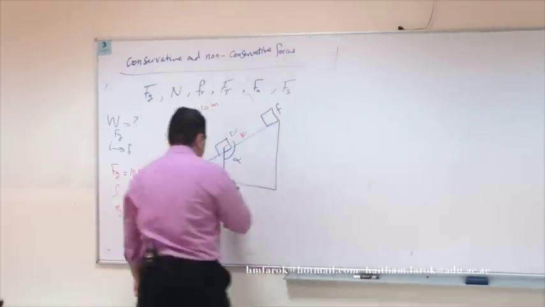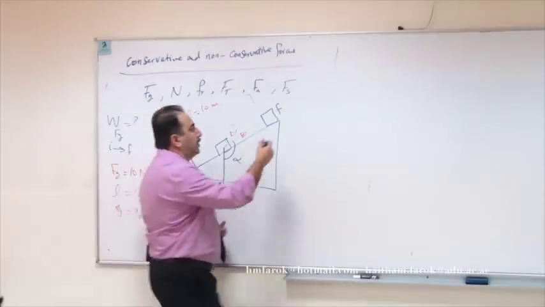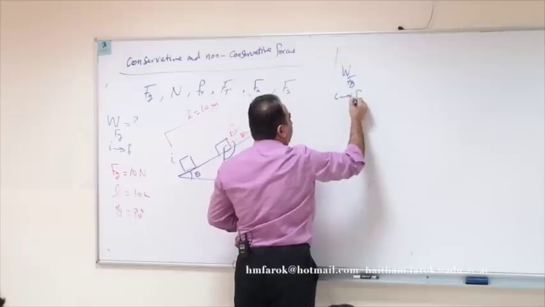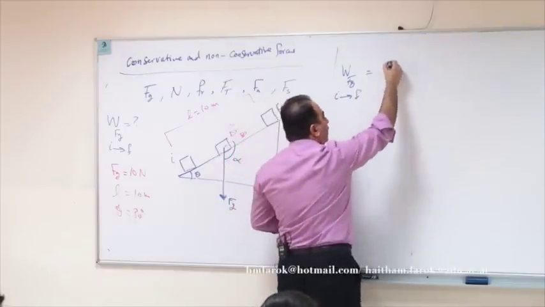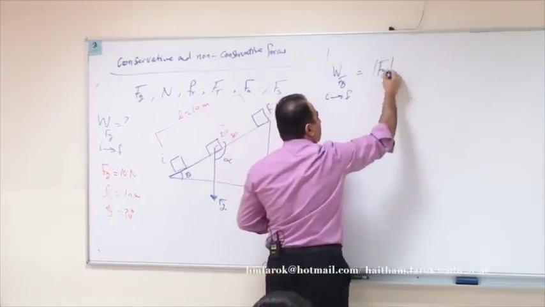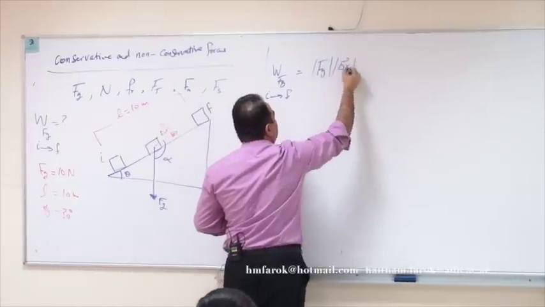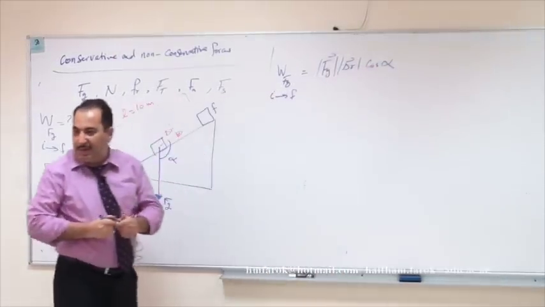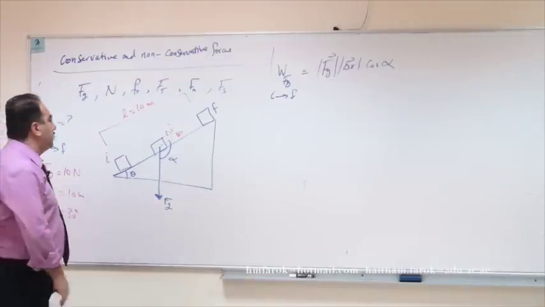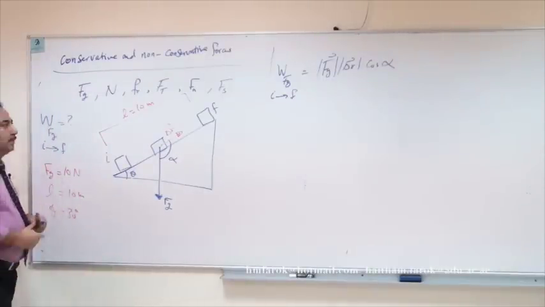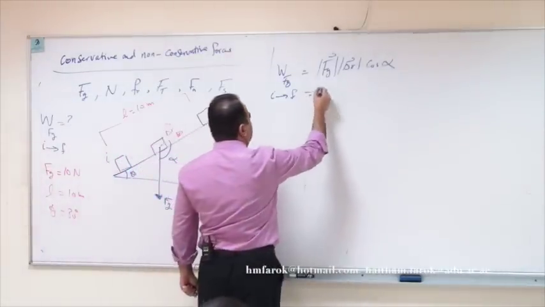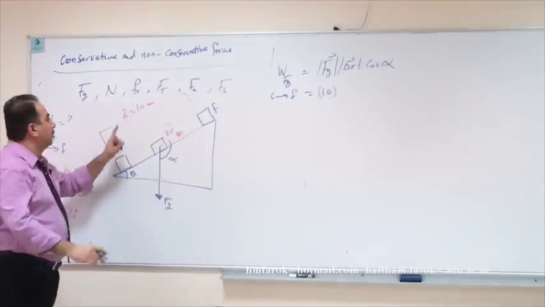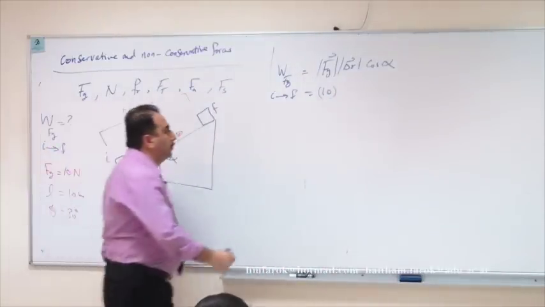Now, how much is W of Fg from I to F? Magnitude of Fg, magnitude of the displacement, cosine the angle between them. Yes, agree? How much is Fg? 10. How much is delta R? 10.